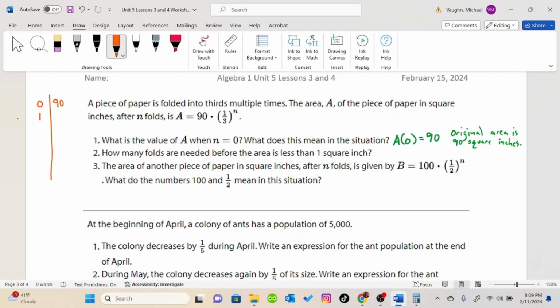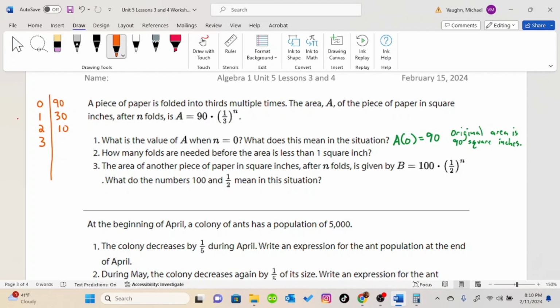After 1 fold, 1/3 to the first power is 1/3, and 1/3 times 90 is 30. After 2 folds, that's 1/3 squared, which is 1/9, and 1/9 times 90 is 10. You can see that every time we fold the paper, we end up dividing the area by 3.